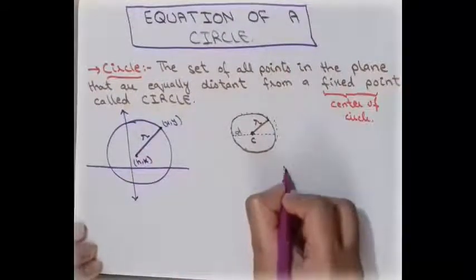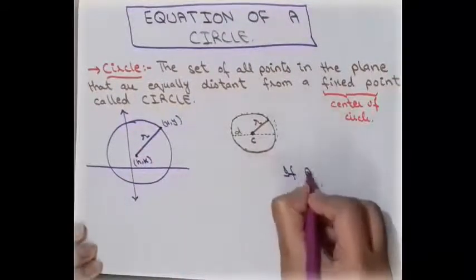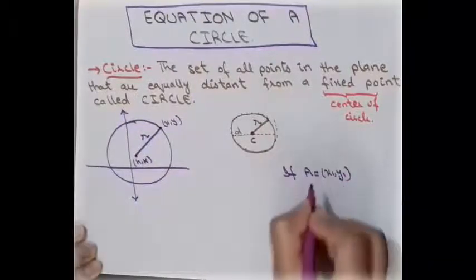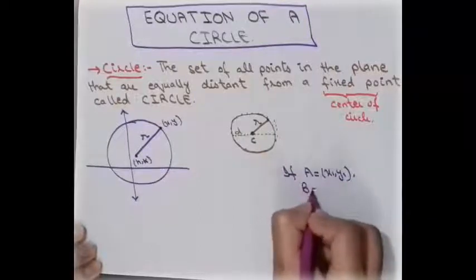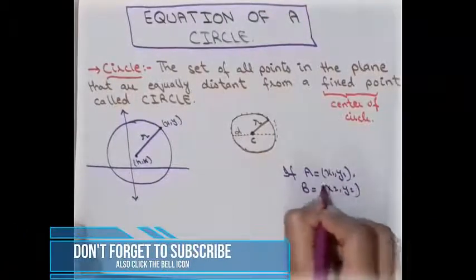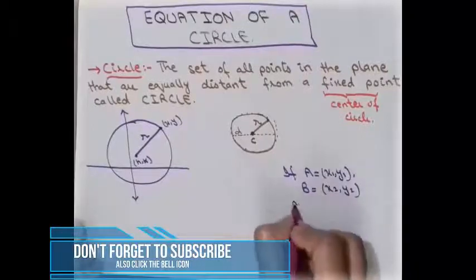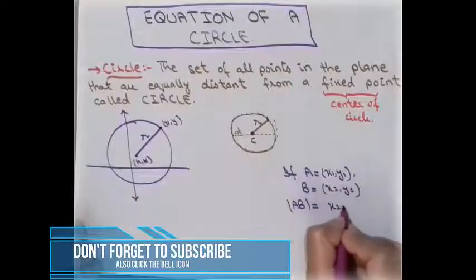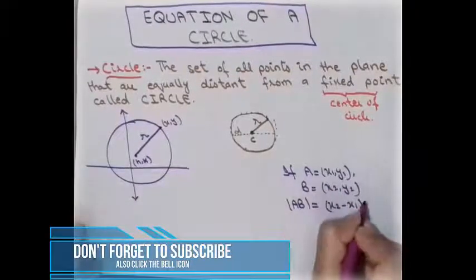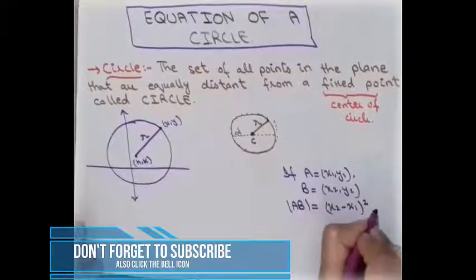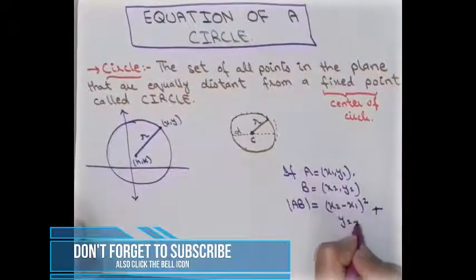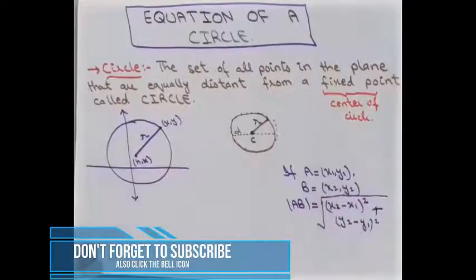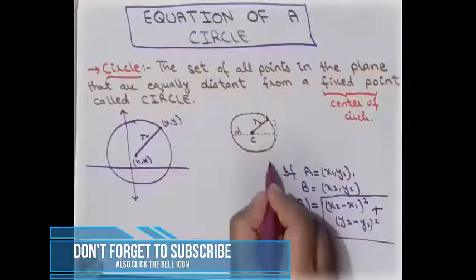To memorize the distance formula, suppose we have a point A with coordinates x1, y1, and a point B with x2, y2. The distance between these 2 points is the square root of (x2 minus x1) squared plus (y2 minus y1) squared. So basically this is the formula for the distance between 2 points.